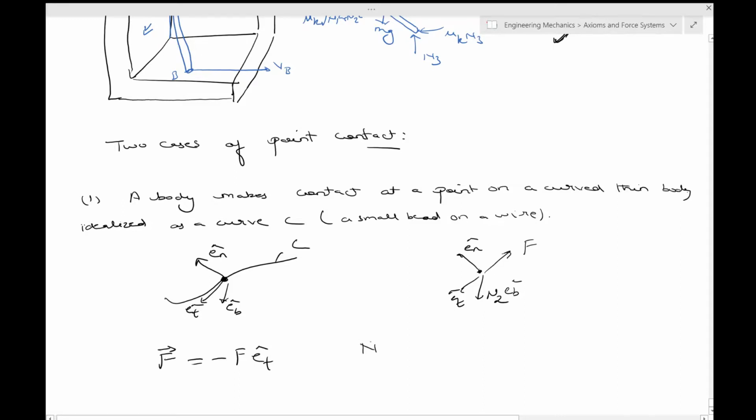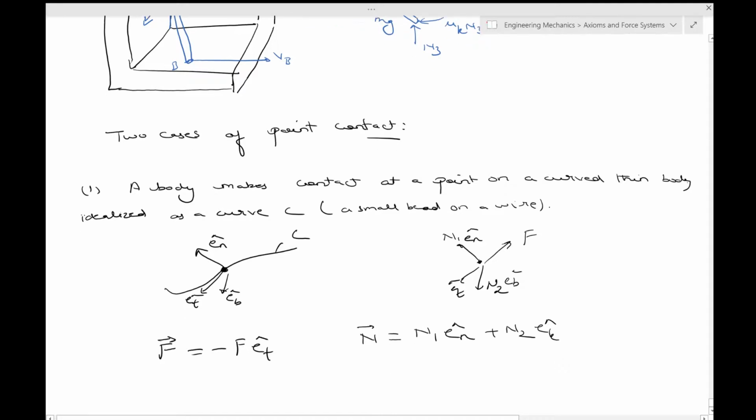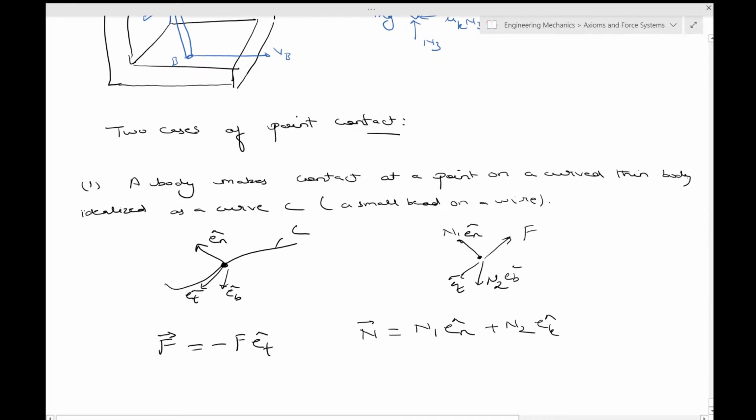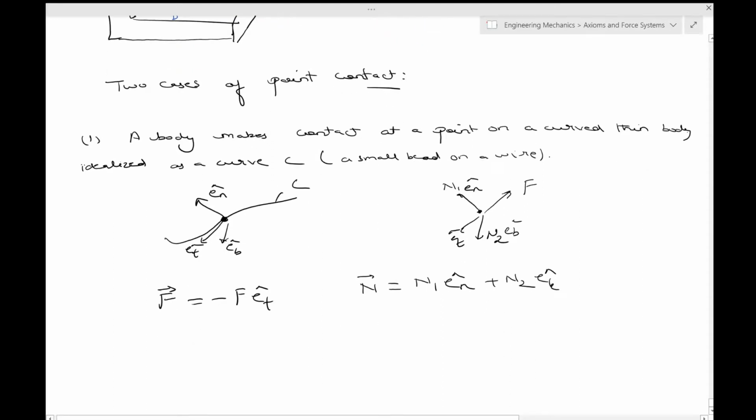This is the friction part, and N would be equal to N1 En hat plus N2 EB hat. So the normal is in both the directions which are normal to friction. This is how you can show the friction and the normal for this point contact on a curve.